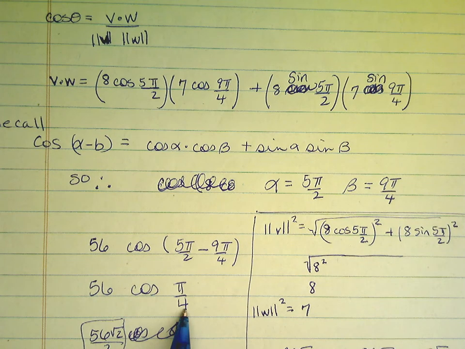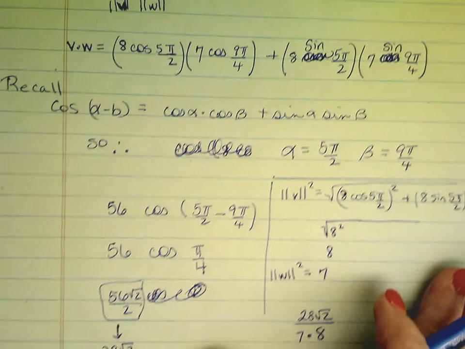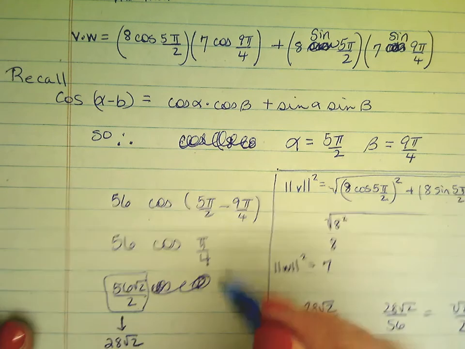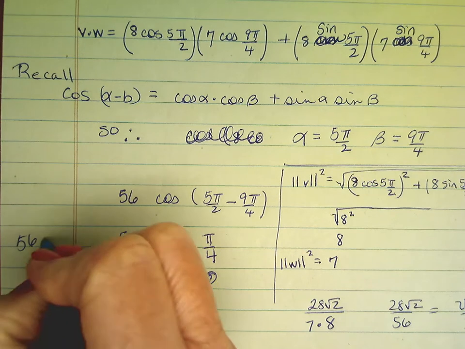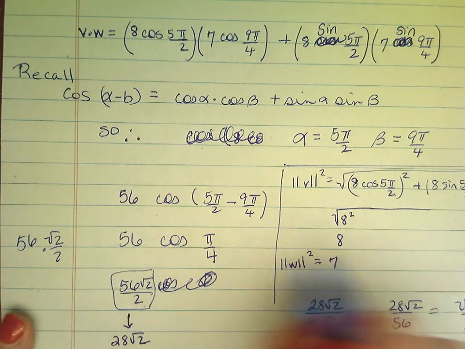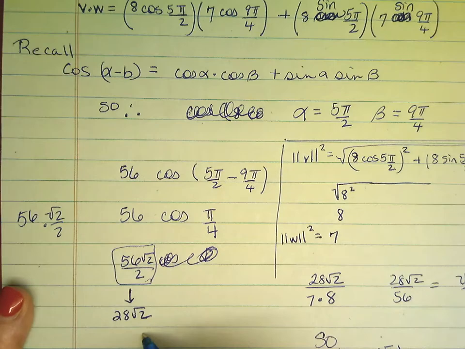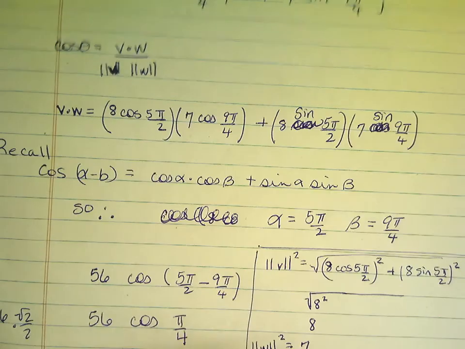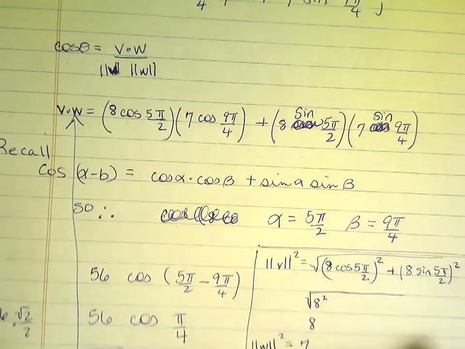Well, when I subtract them, I get pi over 4. Well, the cosine of pi over 4 is the square root of 2 over 2. So I've got 56 times the square root of 2 over 2. I reduce that to 28 times the square root of 2. So this is my dot product.